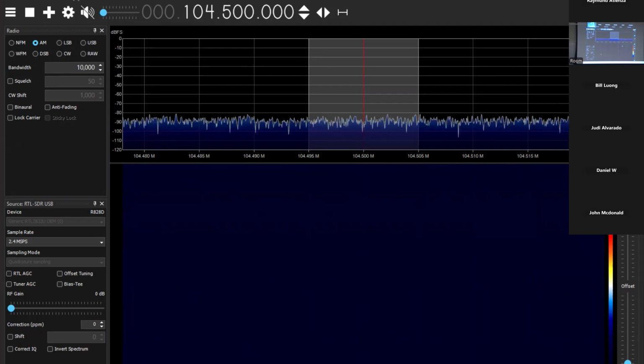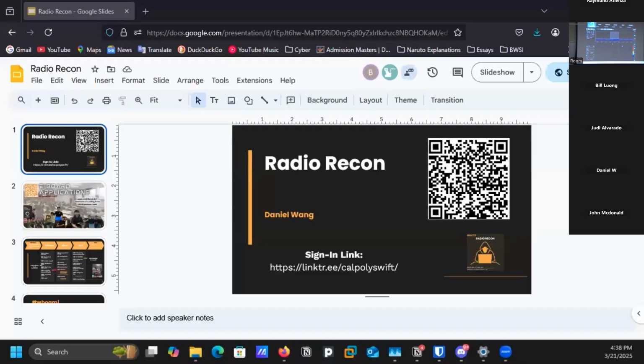Let me get this to stop. Continue screen share. Okay. Originally the Tempest SDR does not work with Windows very well, but someone was able to get it working.